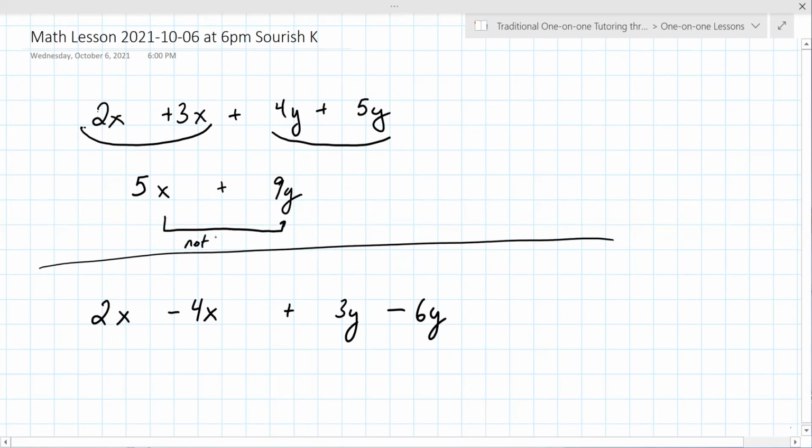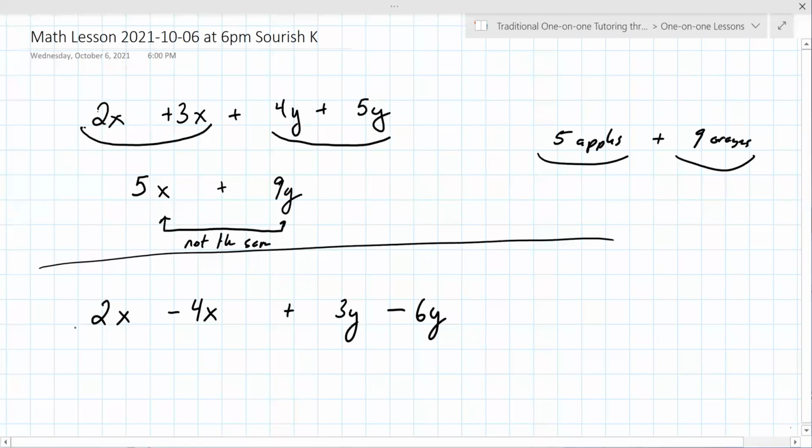These are not the same, because one has x and one has y. Like if you were going to the grocery store and you had 5 apples and 9 oranges, can you somehow combine them? No, you can't. We could use another word and say 14 fruits, but it's 5 apples and 9 oranges.